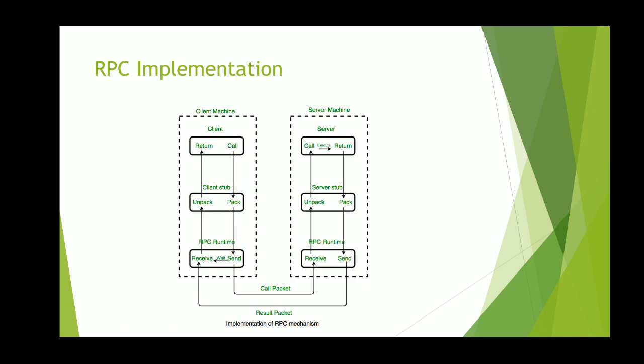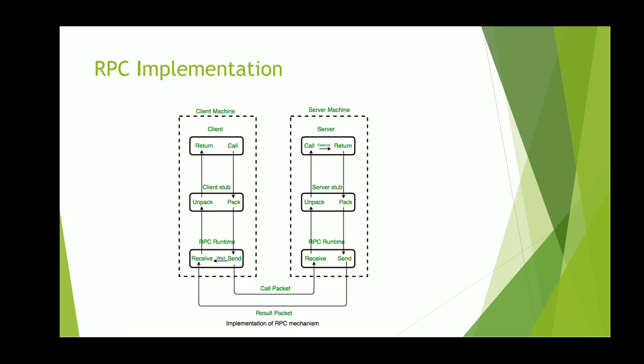This RPC runtime sends the data through a communication channel, and it is received by the RPC runtime in the server machine. This RPC runtime again gives the data to the server stub for unpacking. After unpacking, it gives the data to the server application.